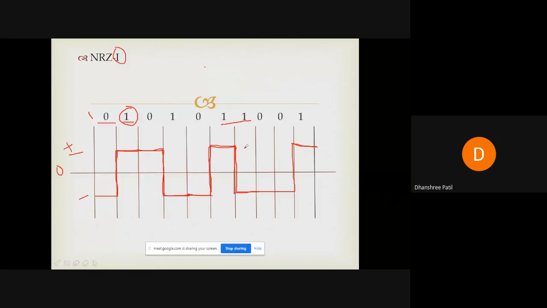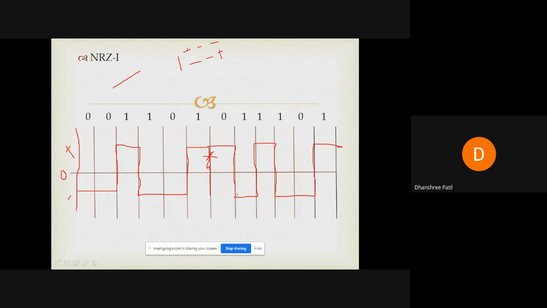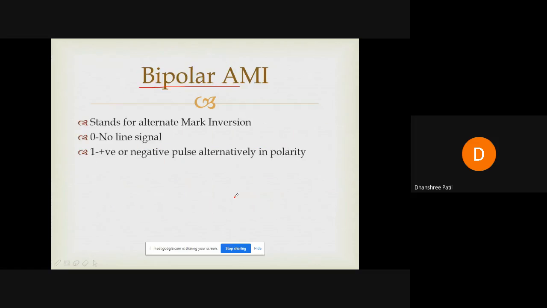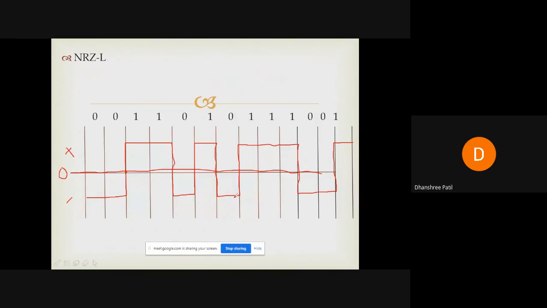The thing to keep in mind is that if two data bits are the same, in NRZ-L we continue with the same signal, but in NRZ-I the signal should not continue; it should vary. That is the only difference. So these are the two techniques, NRZ-I and NRZ-L. Next we move to the next encoding techniques. Any doubt?